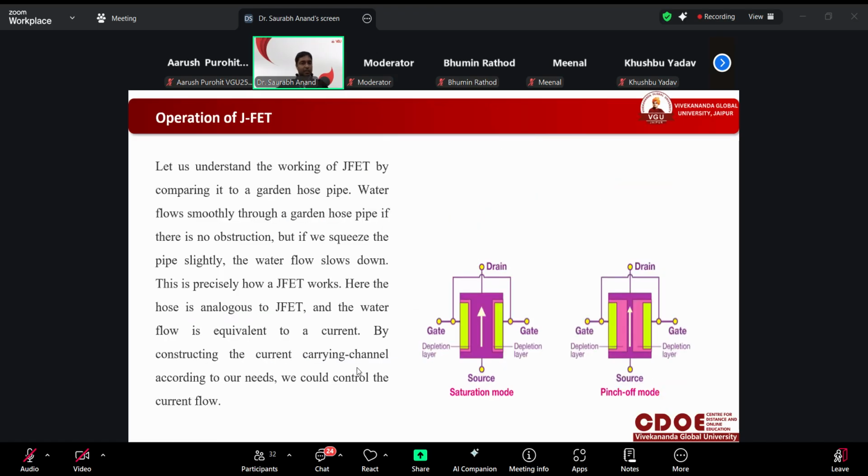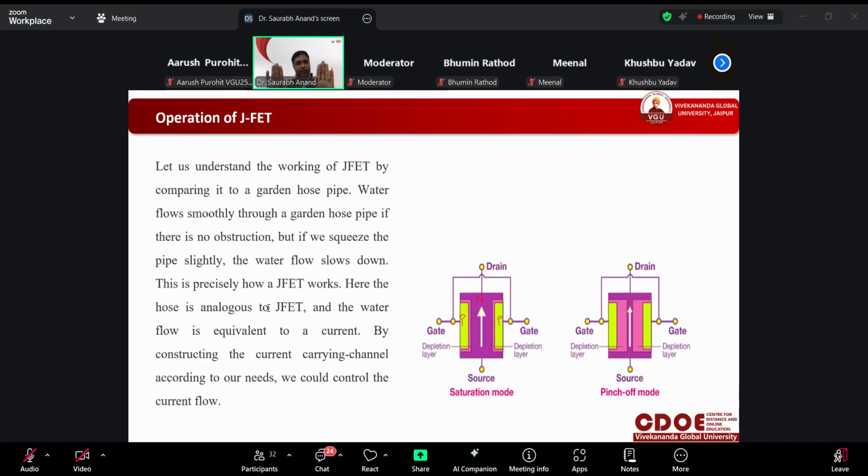Now, how does it work? Whenever this is N type, then the other will be P type. If we join P and N, we have studied the PN junction diode.